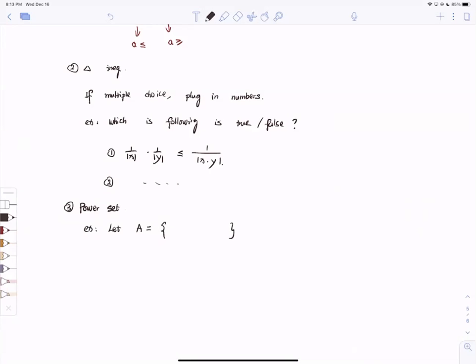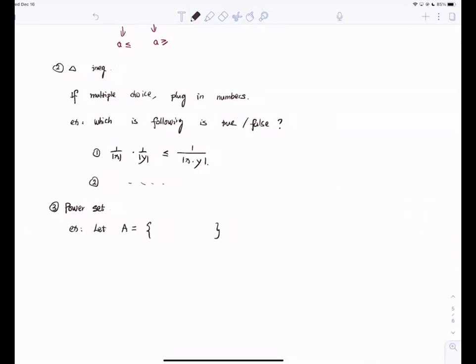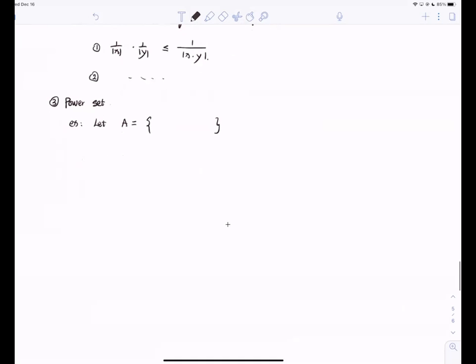Let me think what else could possibly be there. Again, don't tell the professor I said this. It's not good. Oh, another one. GCD is another one, because it's easy to ask you GCD questions.